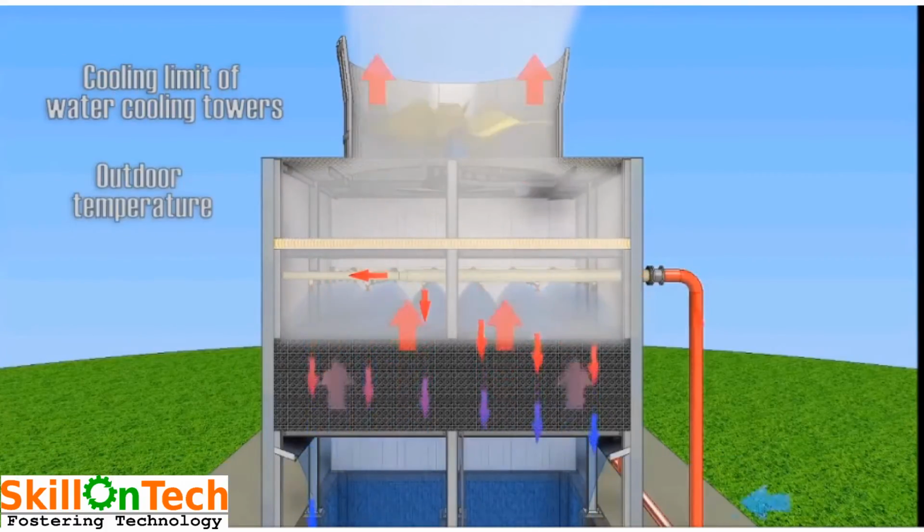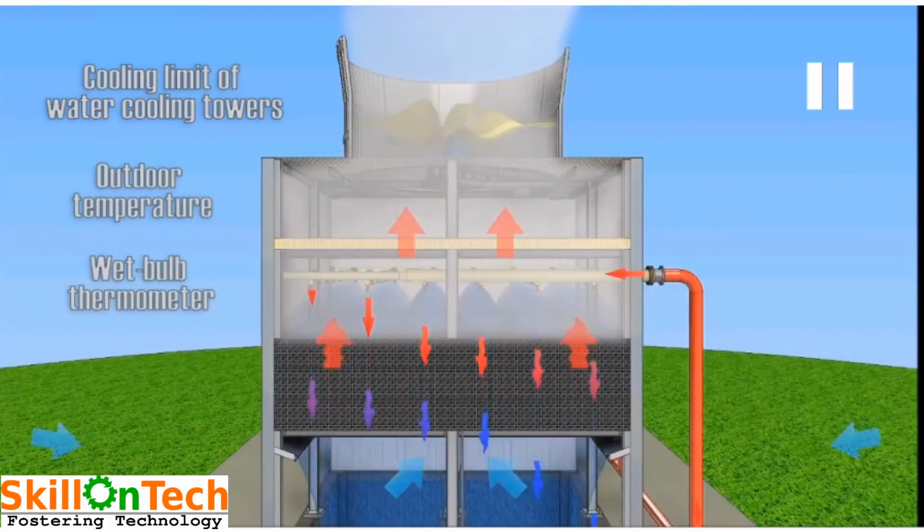The cooling limit of water cooling towers depends upon approach. Approach is the difference between wet bulb temperature and cooling water temperature. The cold basin cold water temperature and wet bulb temperature will give you the approach of the cooling tower, and by that we can know the effectiveness of the cooling tower.